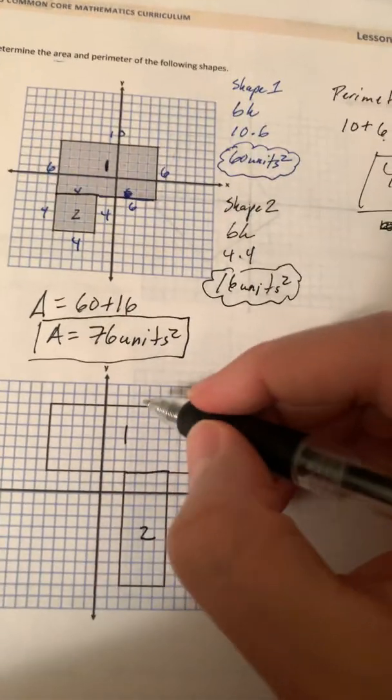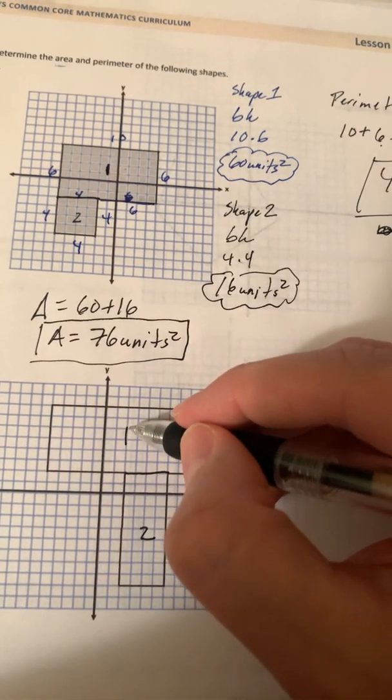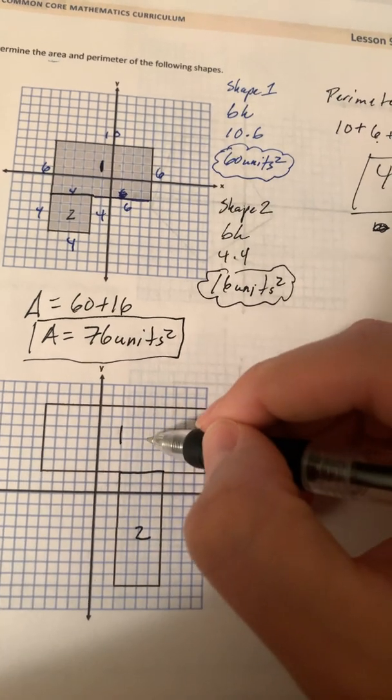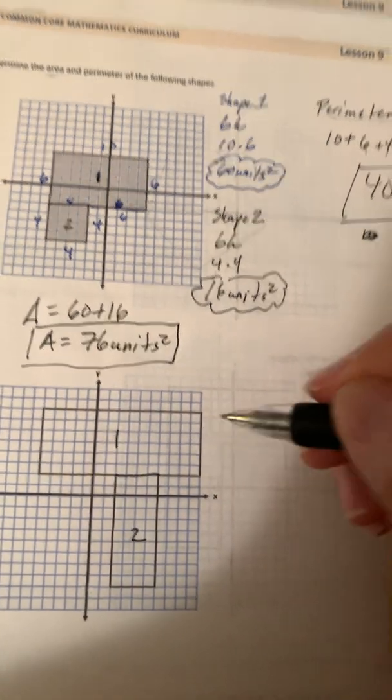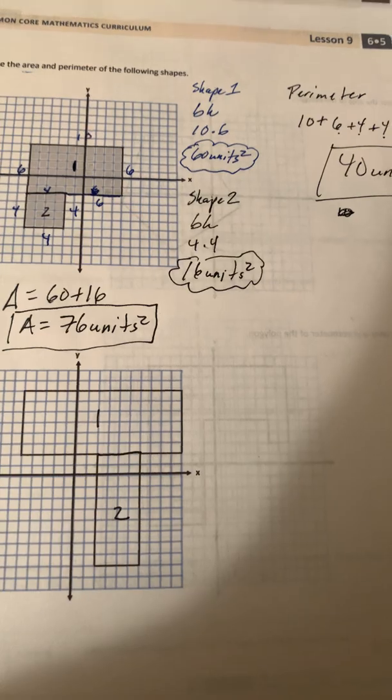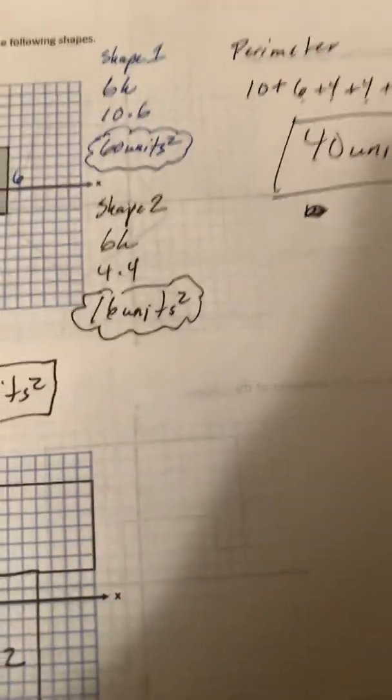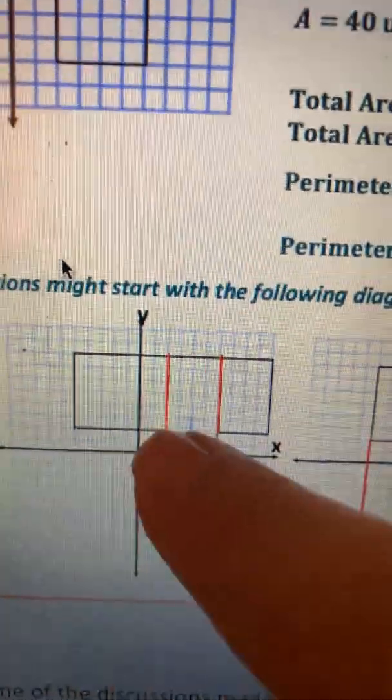Because if I go vertical, it would have been 1 and then 2 and then 3 right here. Okay, it would have looked like this. It would have looked like that if we would have done it vertical.